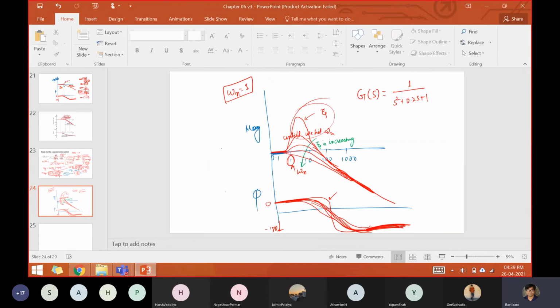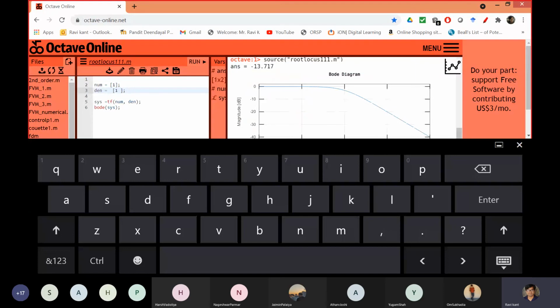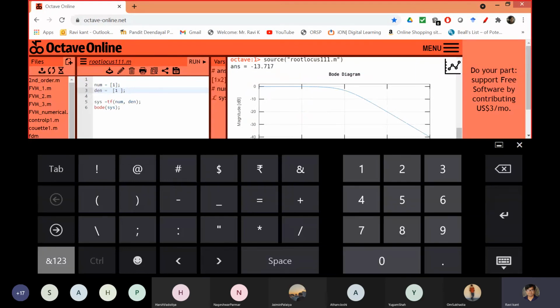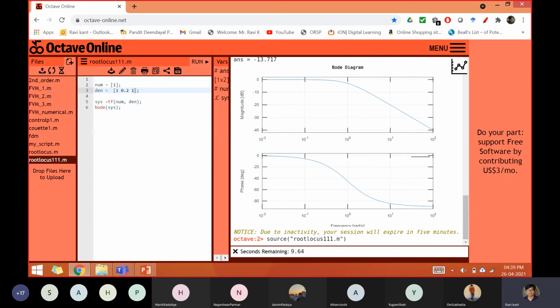Let's open our Bode plot. So here I just have to make this 1, 0.2, 1, and that's it. So my system is ready. I'll save it and run that.